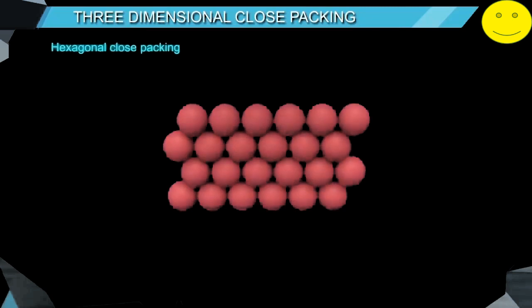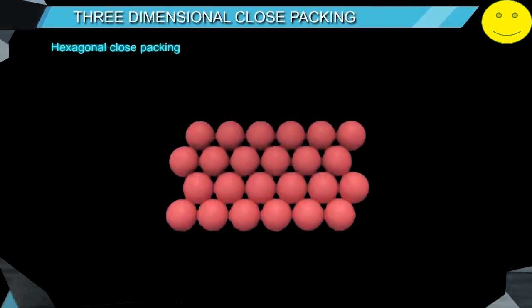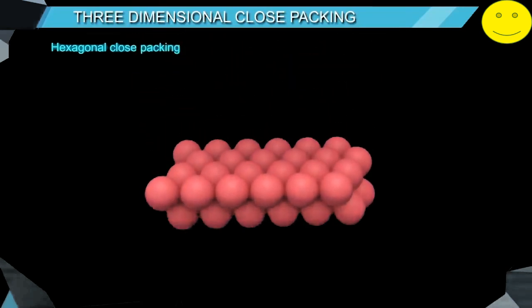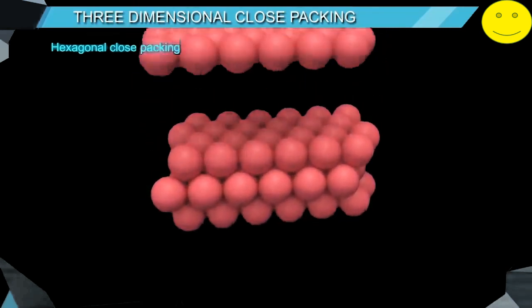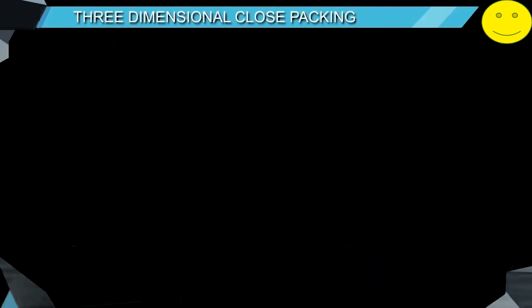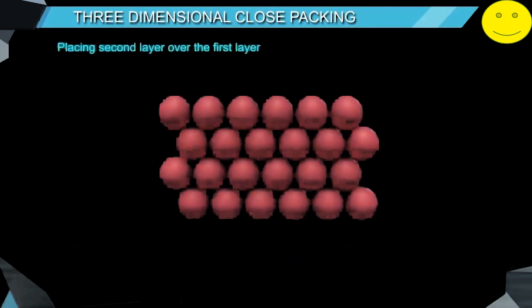Three-dimensional close packing from a two-dimensional hexagonal close packed layer. The three-dimensional hexagonal close packed structure can be obtained by placing a two-dimensional hexagonal structure one layer above the other. Placing the second layer over the first layer.